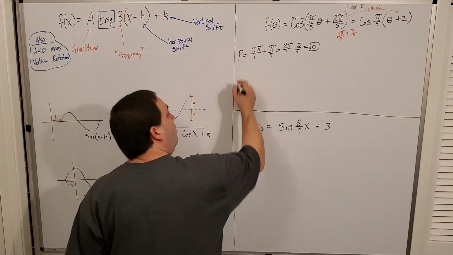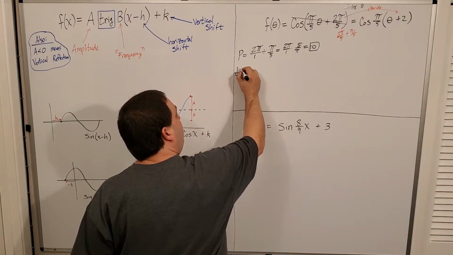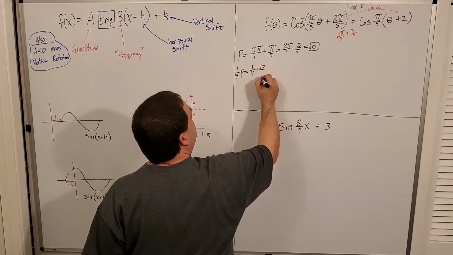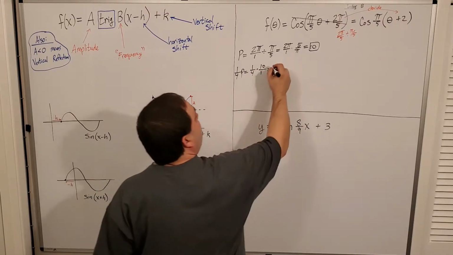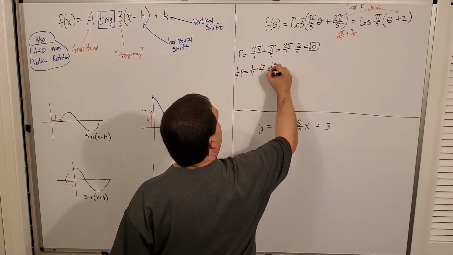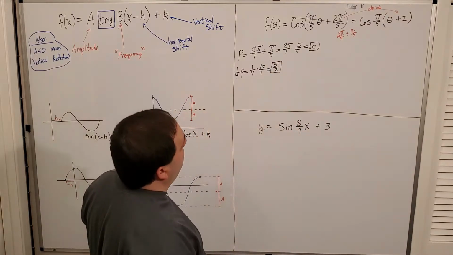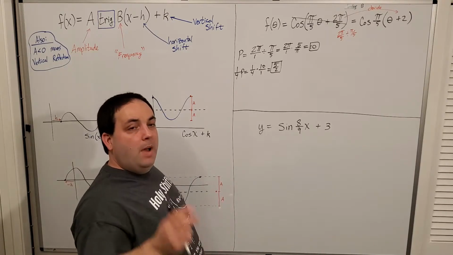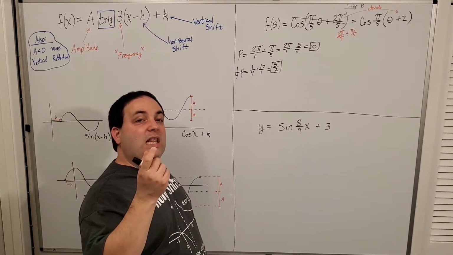And as before, I calculate the quarter period. So that's going to be 1/4 times 10, which is going to give me 5 over 2. Okay, so 5 over 2 is my quarter period length.